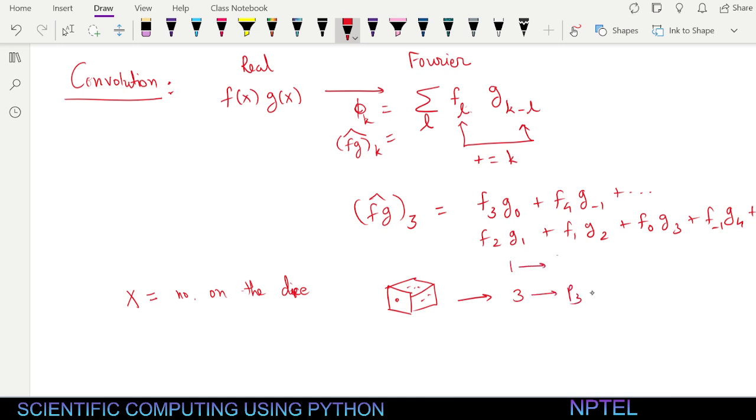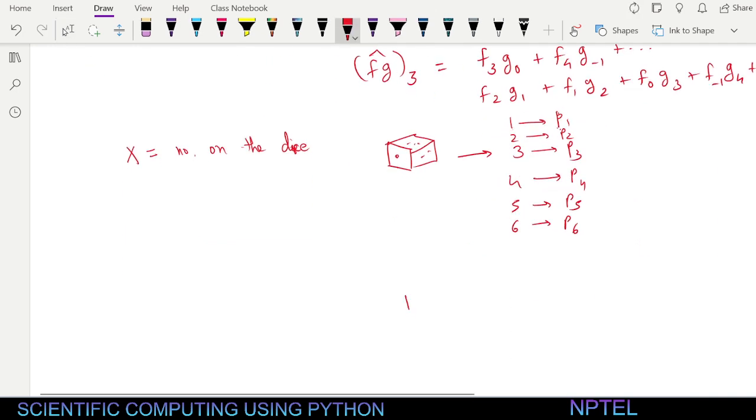Similarly, it's a biased die. So the probability of getting 1 is p1, 2 is p2, 3 is p3, 4 is p4, 5 is p5, 6 is p6.